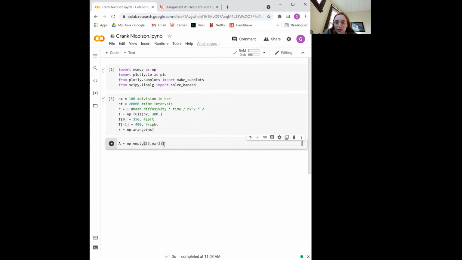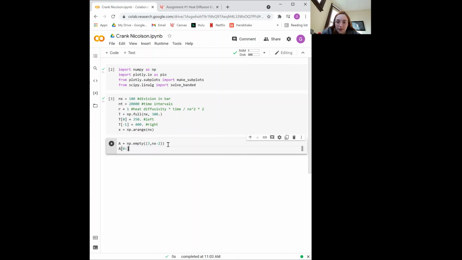This is our leftmost matrix, and there's the three, and then this is the number of divisions minus 2. The number of divisions minus 2 is because of that constant on either side. We don't want those two divisions, so the matrix will be comprised of everything but those two.